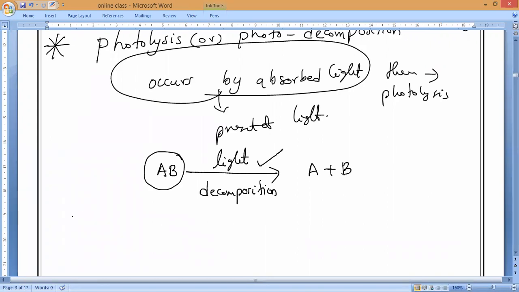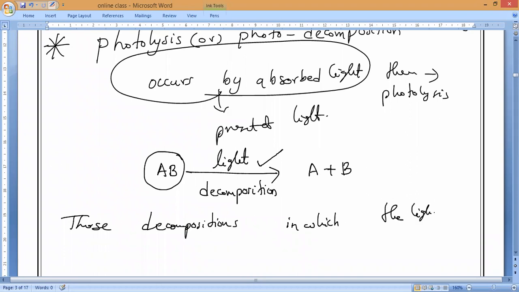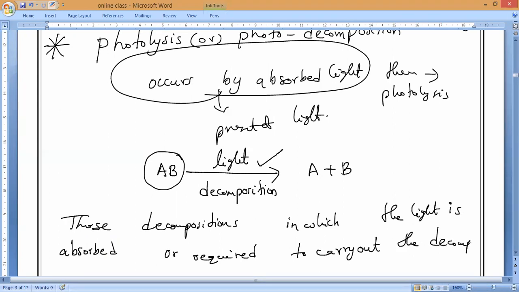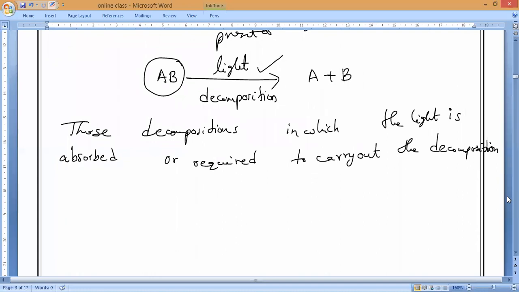Those decomposition reactions in which the light is absorbed, are required to carry out the decomposition reaction, are called photolysis.